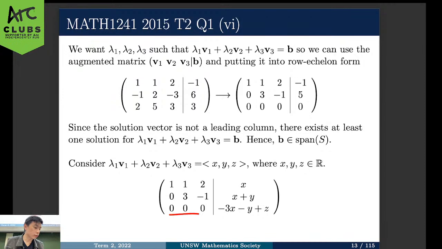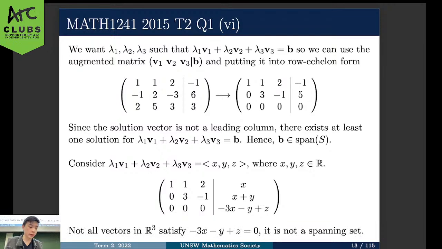So essentially what this says is that for a vector to be inside the span of v1, v2, and v3, we have to have 0 be equal to this equation we have right here. Obviously, that equation is a plane in R³, so it doesn't include every single vector in R³, and hence it doesn't cover all of R³. And that, by definition, makes it not a spanning set.